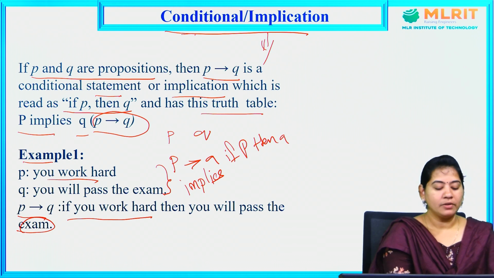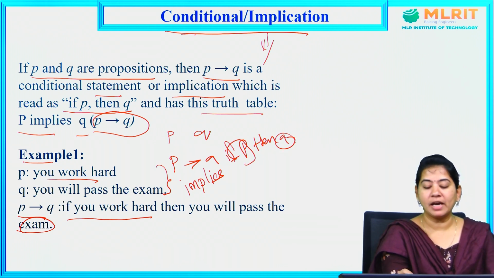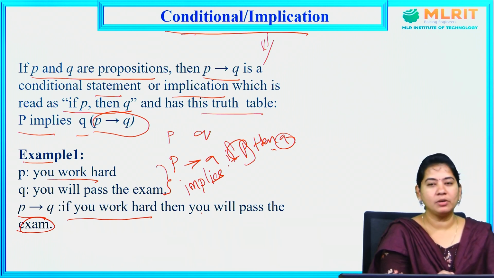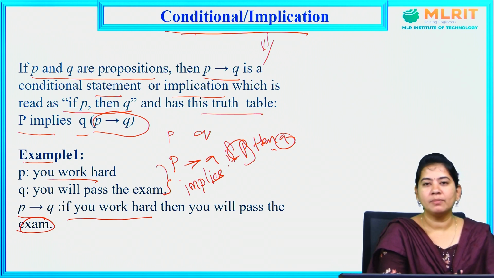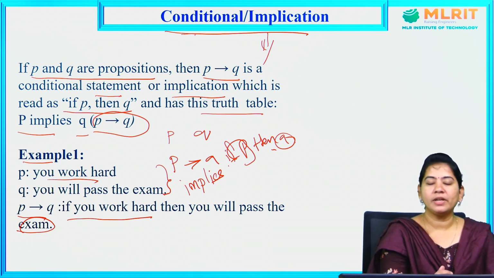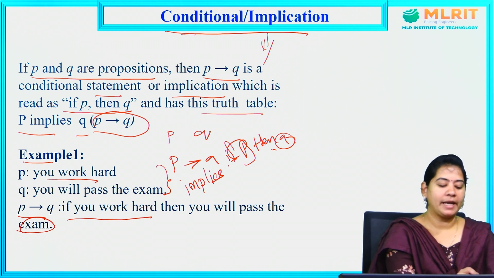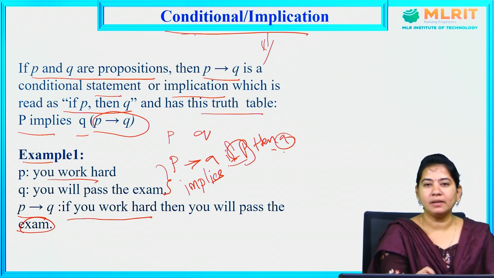Here we are including the words if and then for the P and Q statements. Another example: if you attend the exams, then you will clear the backlogs. Like this, we can write examples using if P then Q.